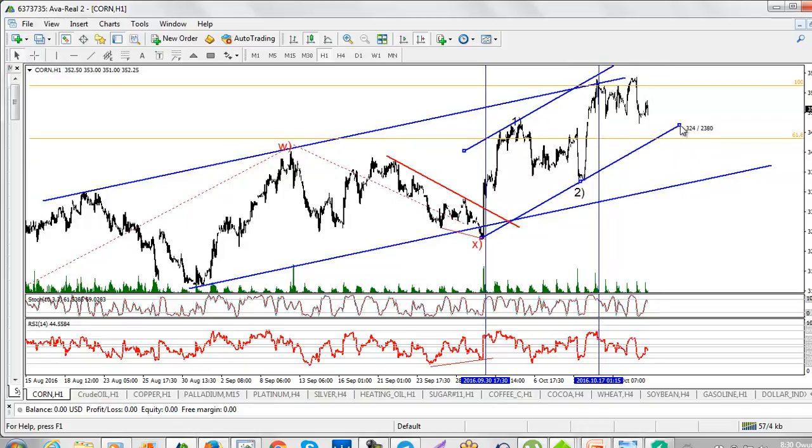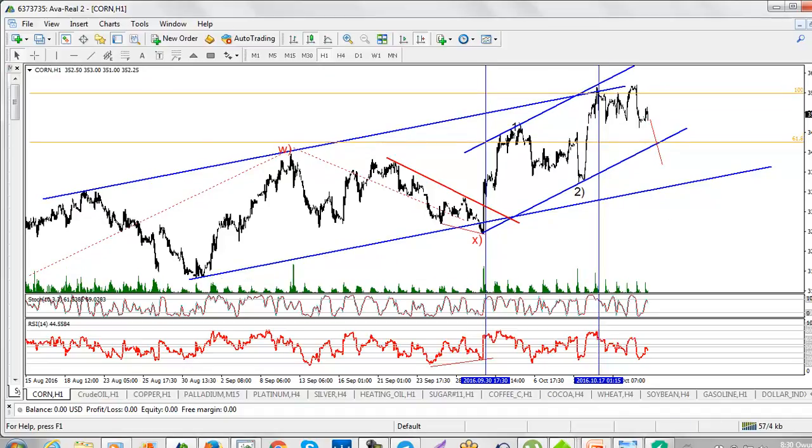Okay, so if price can break just below here, that's going to be a very good opportunity to actually sell. Okay, so we're going to update you more on that.